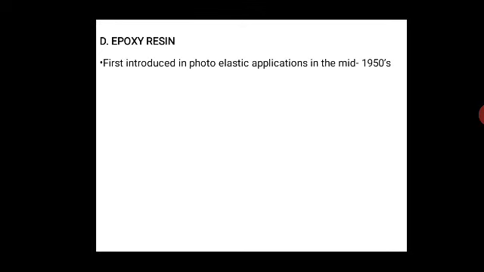Next one is the epoxy resin. Epoxy resins were first introduced in photoelastic applications in the 1950s, when they were employed predominantly as materials for three-dimensional photoelasticity. We will be discussing three-dimensional photoelasticity in the next module.